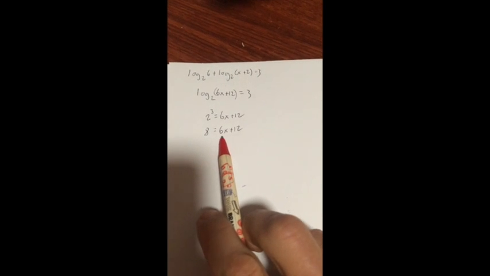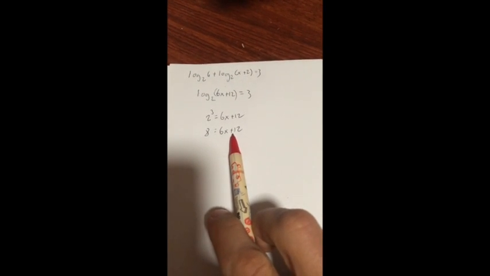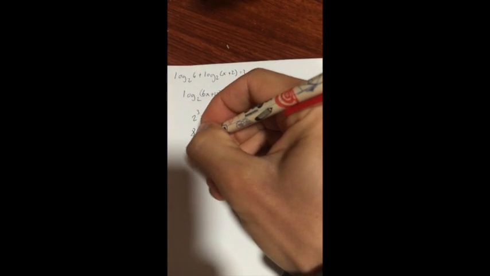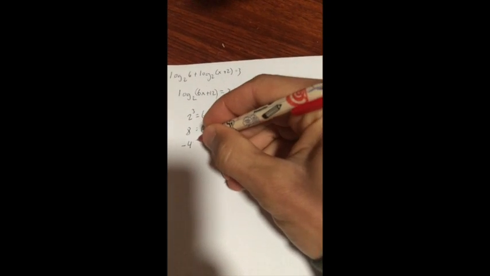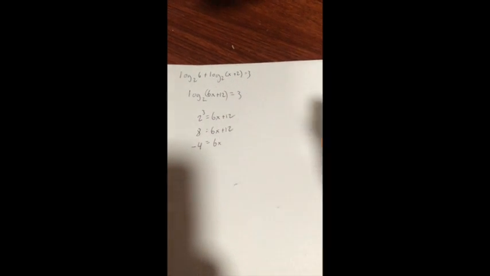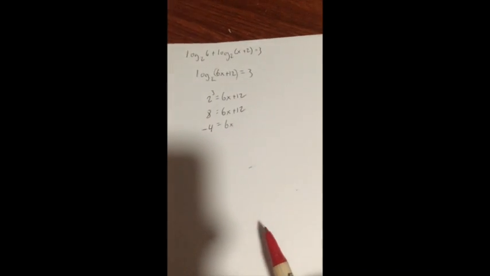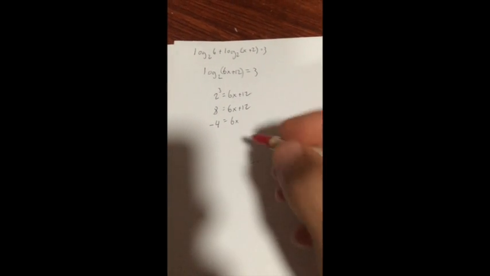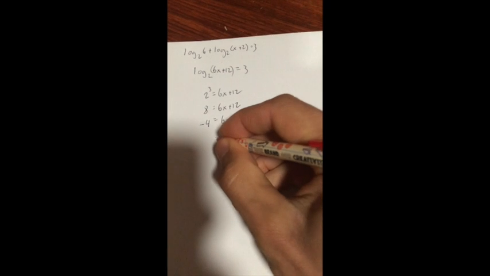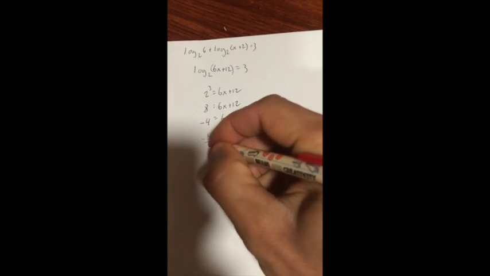And now we just unpack this for x. So we're going to subtract 12 from both sides. 8 minus 12 is going to give us -4. And then we've got 6x, and we want to divide by 6. So we're going to get x is -4/6.